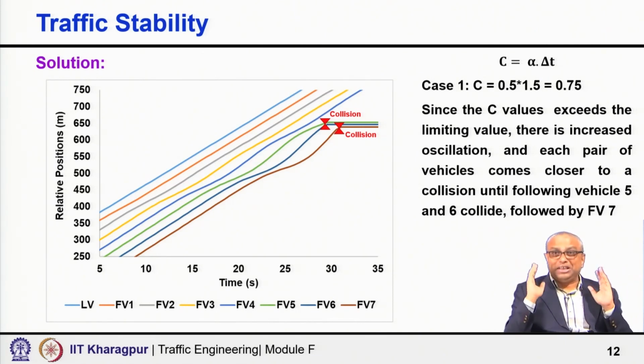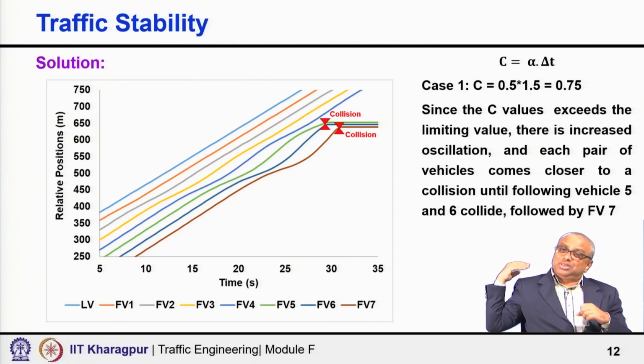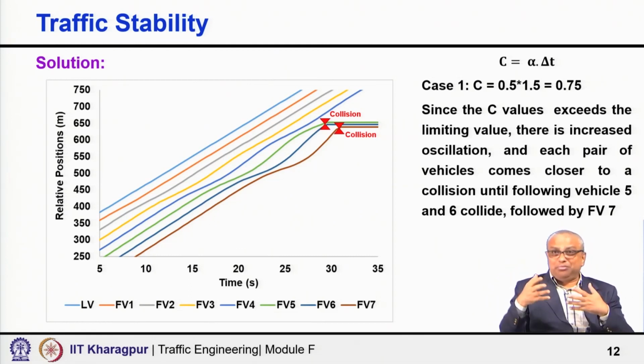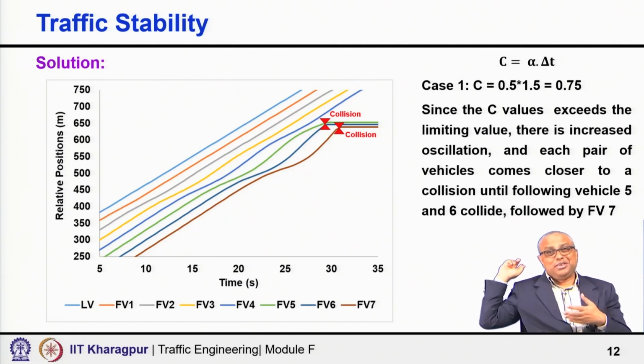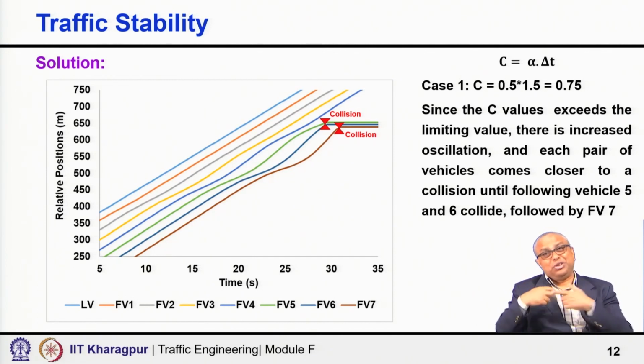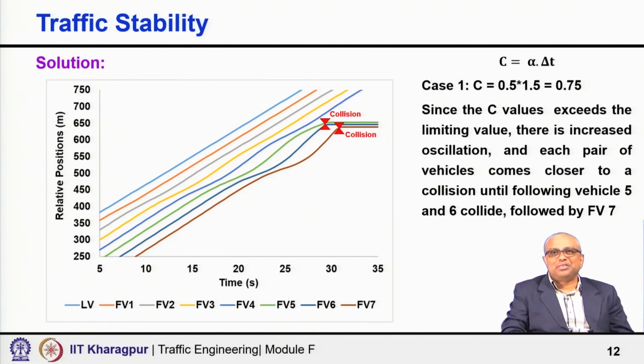When multiple vehicles are there in the car following mode and anything happens, a sudden application of brake or something, you will find the impact propagating. Maybe for the first two vehicles or the second and third vehicle nothing happened, but somewhere two vehicles may eventually collide because of that.